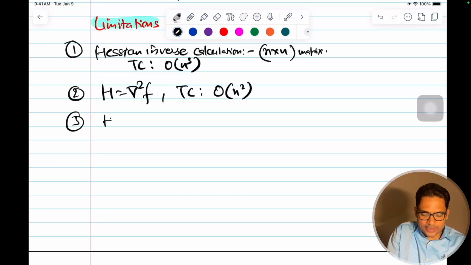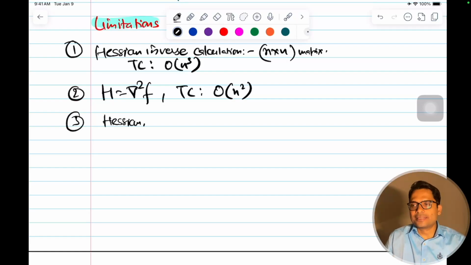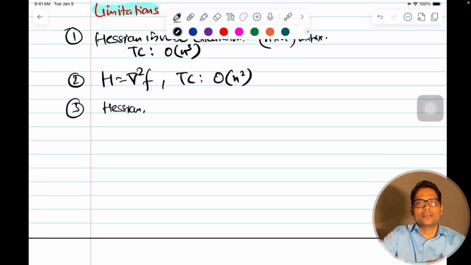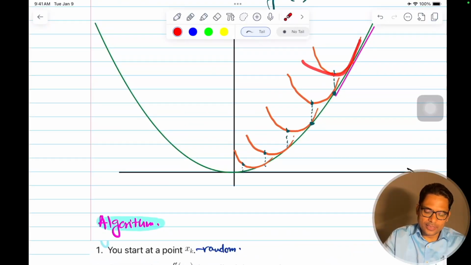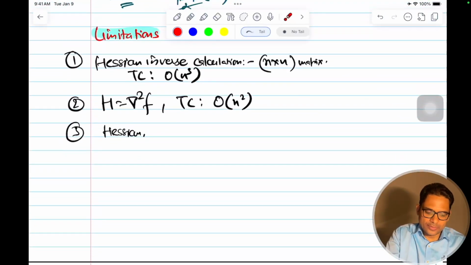If you're using a Hessian and you're going down the curvature, the Hessian can also give you a saddle point.